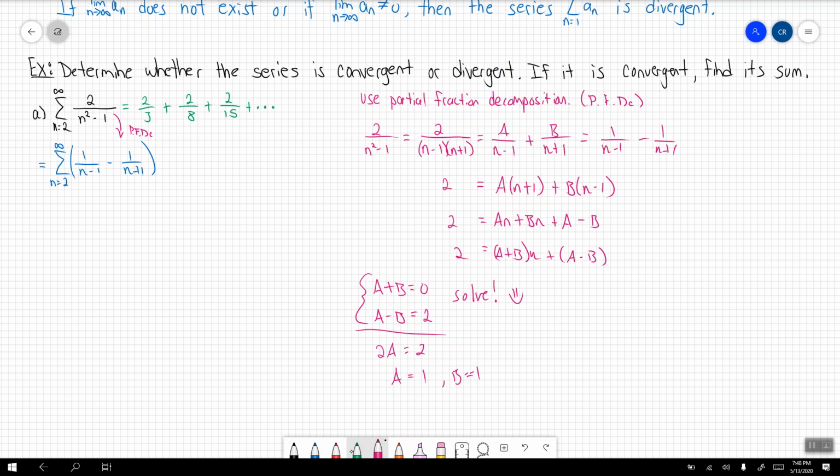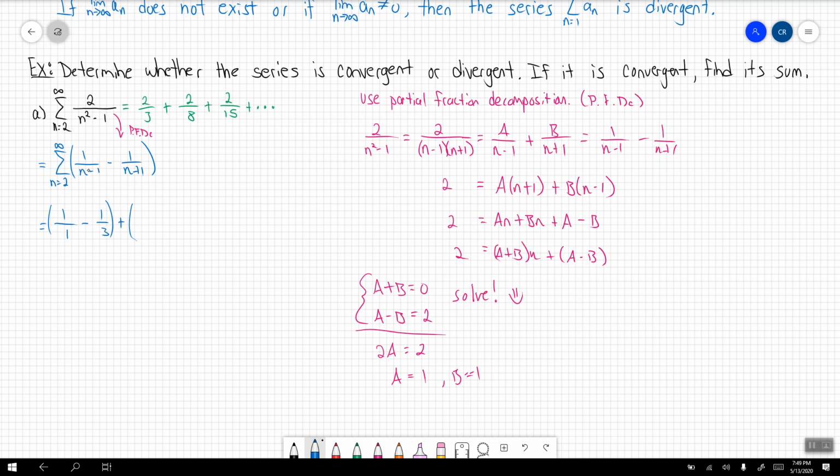Now let's start expanding and let's see what happens. All right, so if we start expanding here, I'm going to have n is equal to 2, so that's going to be 1 over 1 minus 1 over 3. Plus, and again, that was that first term.